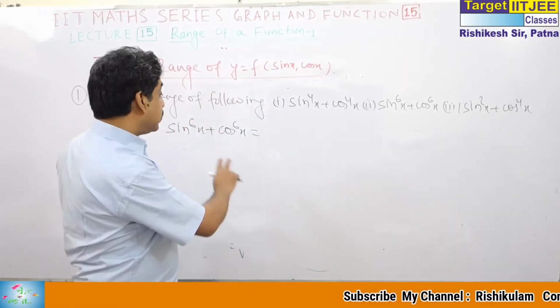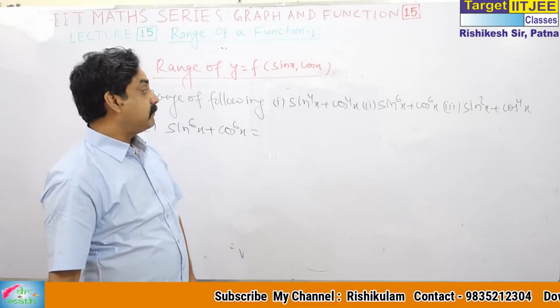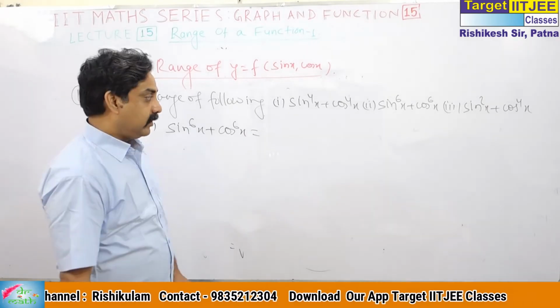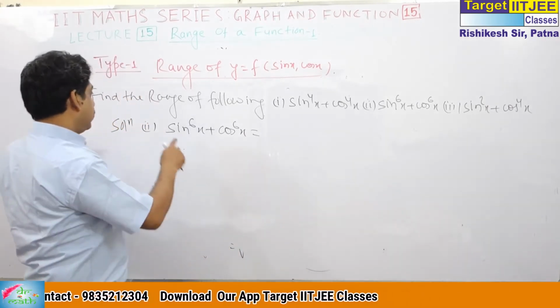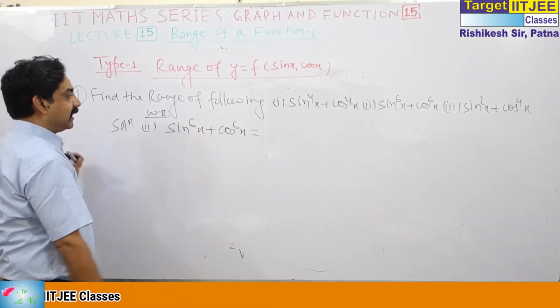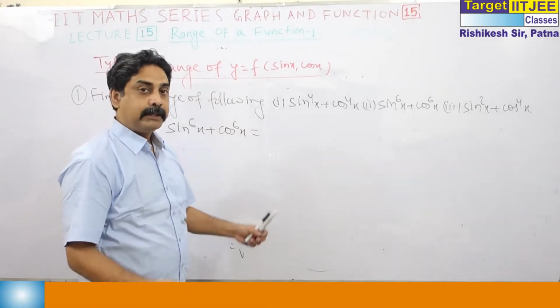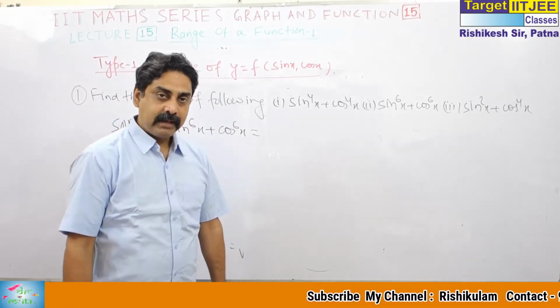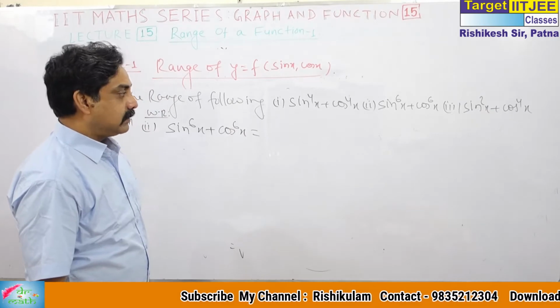So what do we do? We will simplify the expression as far as possible. If you want to write a working rule, you can write: simplify the expression as far as possible and then put the value. What does simplification mean?